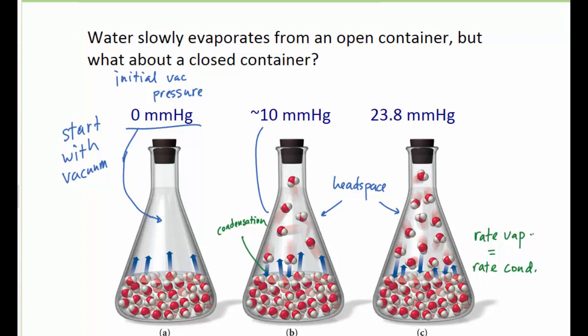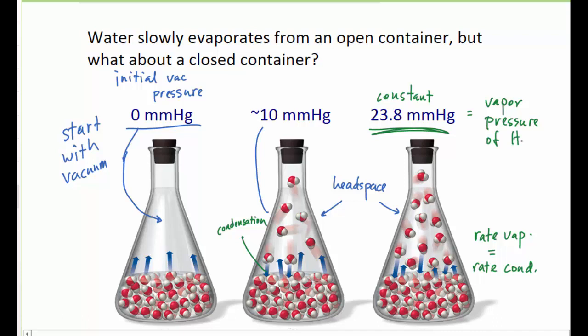We'll reach a maximum pressure. And the two opposite processes with equal rates will keep this pressure constant. That's referred to as the vapor pressure. That's the vapor pressure of water at 25 degrees C.